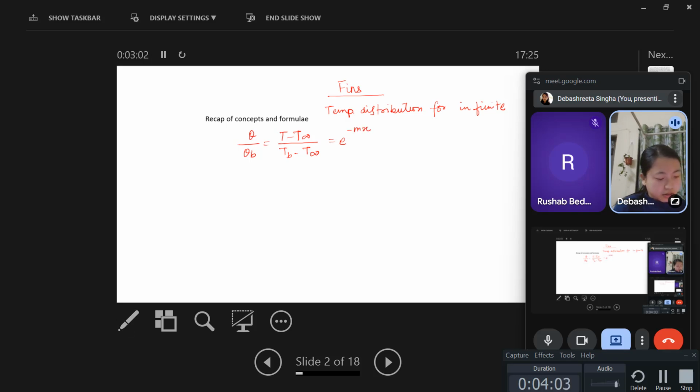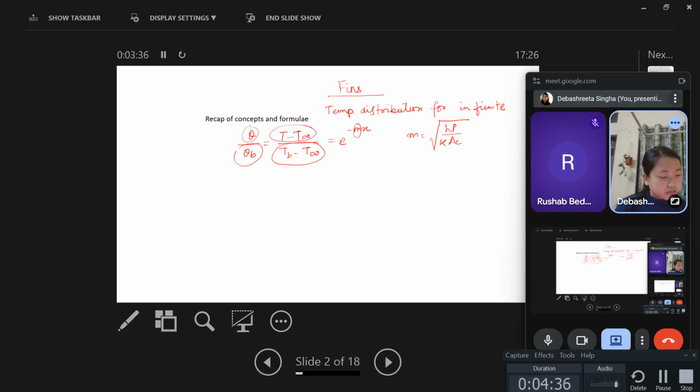So theta is the temperature difference, and theta b is the difference between the base temperature and the surrounding temperature. So what is this m? M is just a fin parameter which can tell us how fast the heat is being conducted in the fin. This is given by root of hP by kAc.